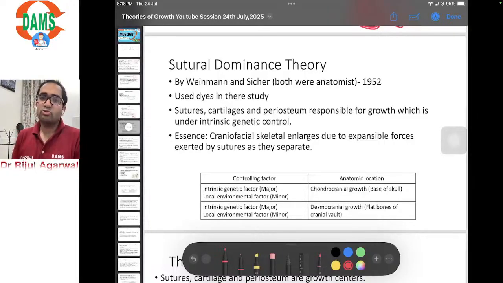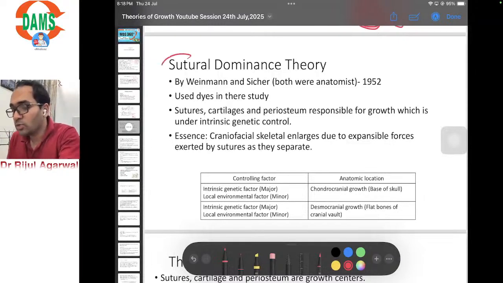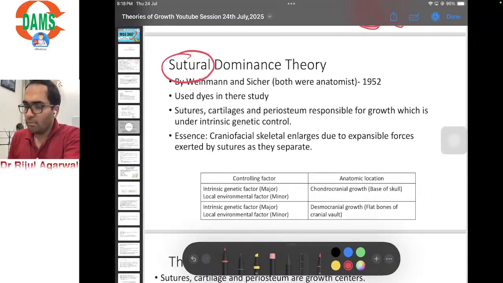Next comes the sutural dominance theory. So as the name suggests, it highlights the role of sutures. Okay, so what are sutures? Sutures are present at the junction of the bones when they meet with respect to each other. This is a very layman definition of suture.